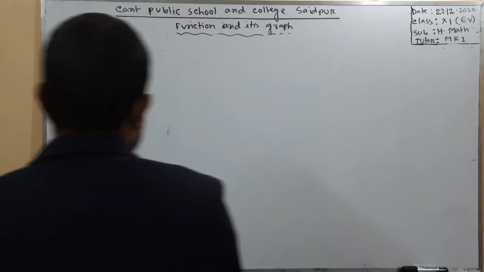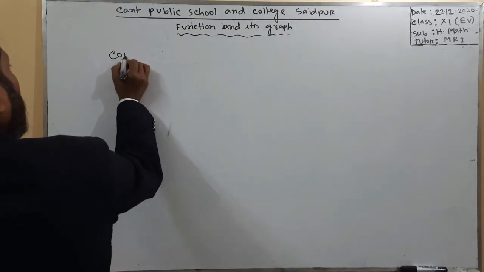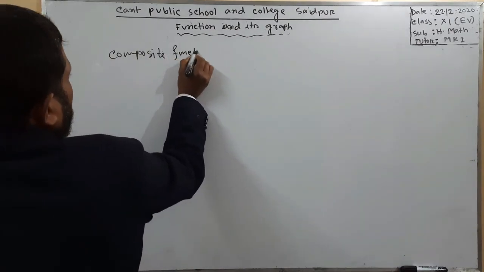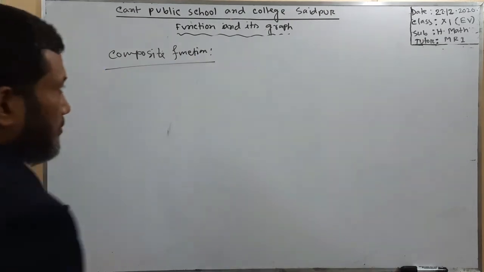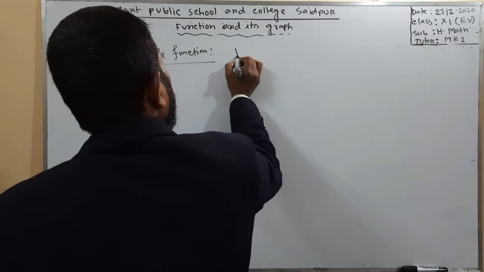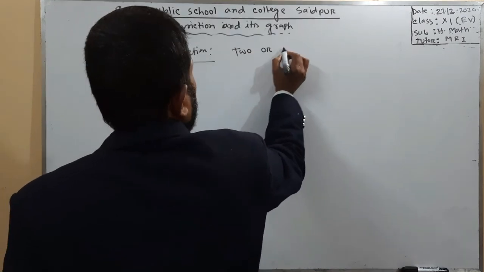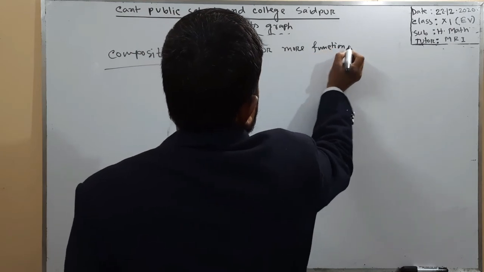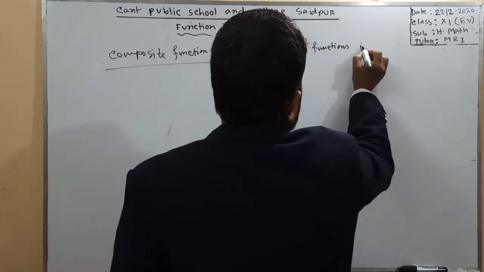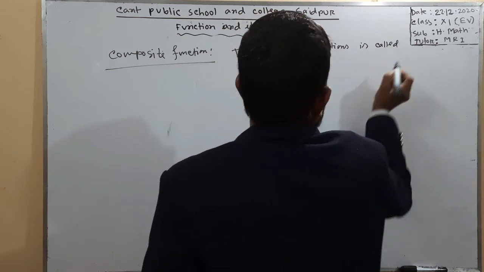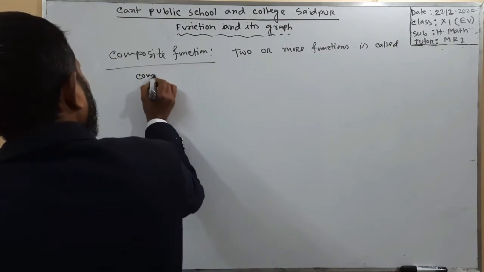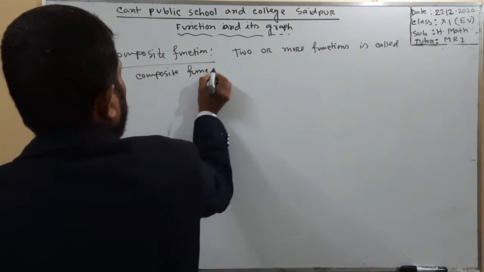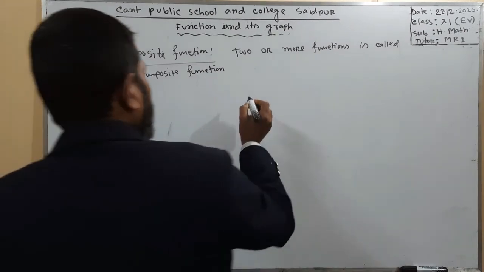I'll discuss now composite function or product function. Composite function: combining two or more functions is called a composite function.